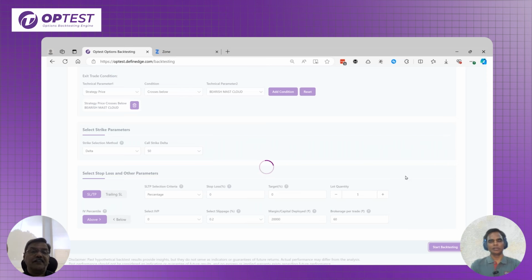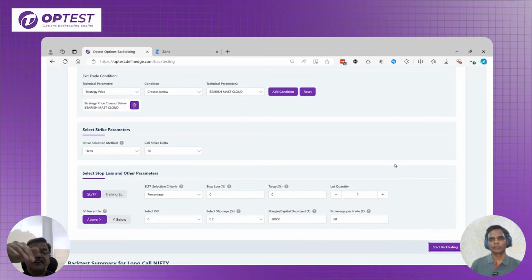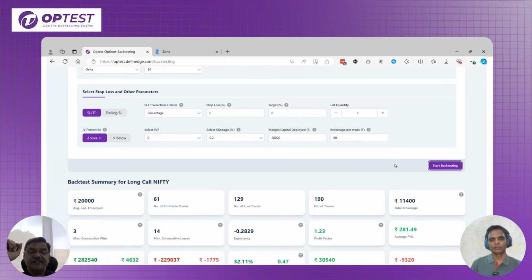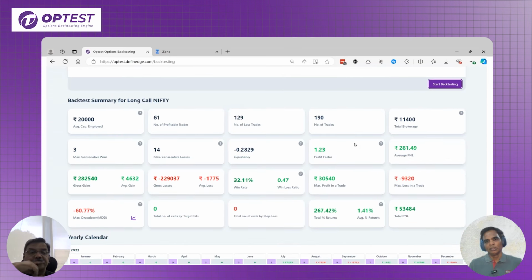Manually check if they can be eliminated. I mean, the logical thing is including TOI in this result, but that is not possible. Yes. So as I said, the negative expectancy and low win rate is expected. It's not something out of the blue. We can add another indicator on top, which is TOI, the total open interest indicator, available in Optest.